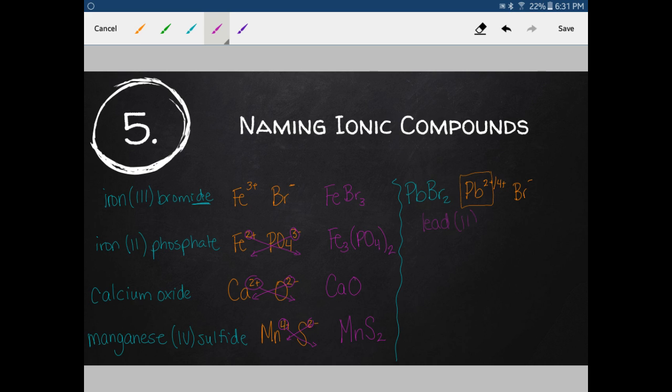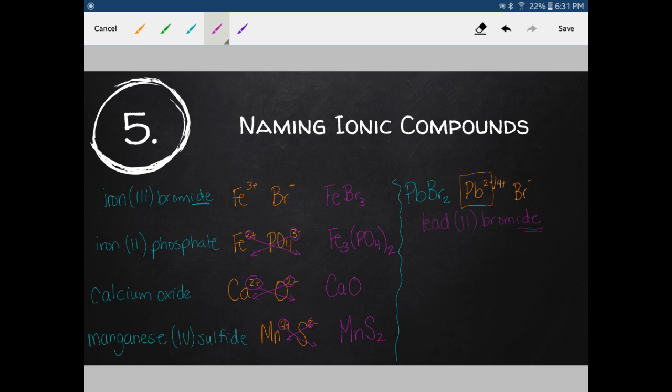So lead 2 bromide. Again, you change the ending to the IDE because you always change the name of that non-metal. And so I would get lead 2 bromide.